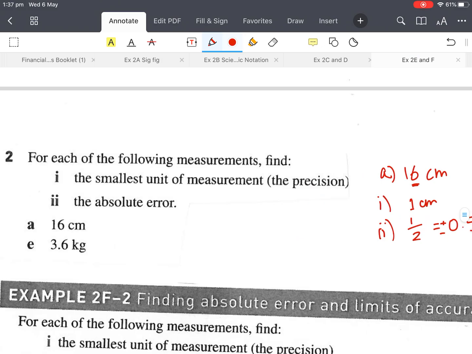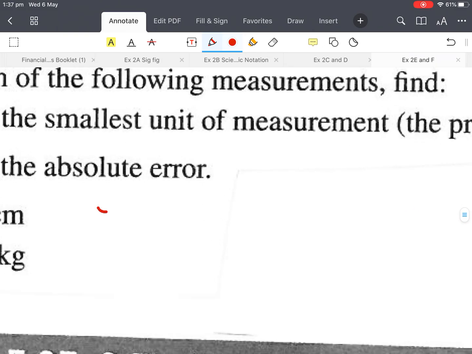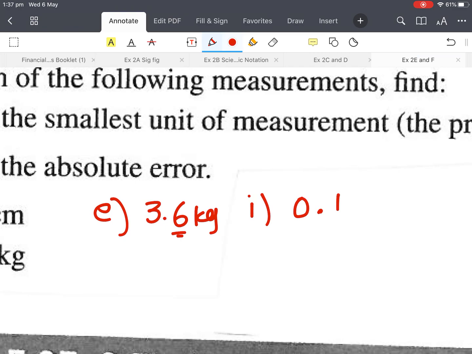Now let's try question E, 3.6 kilos. The last significant figure is the 6. So that means my precision is to the 10th position, and 1 is the smallest digit, so it's to 0.1. There's my precision.